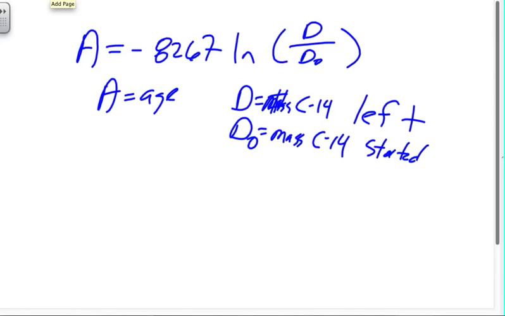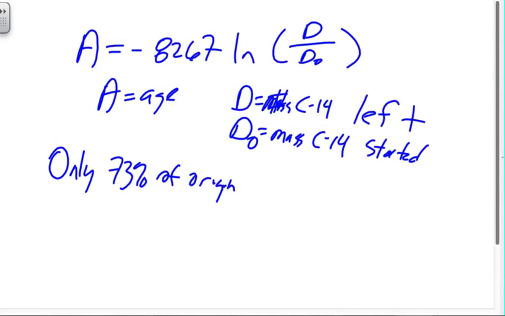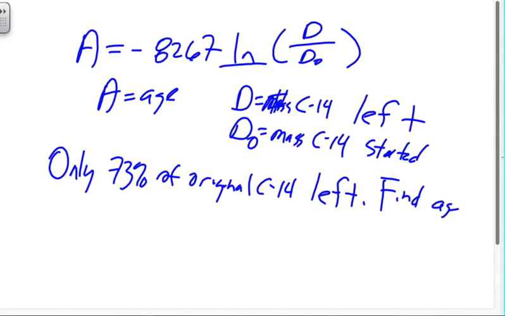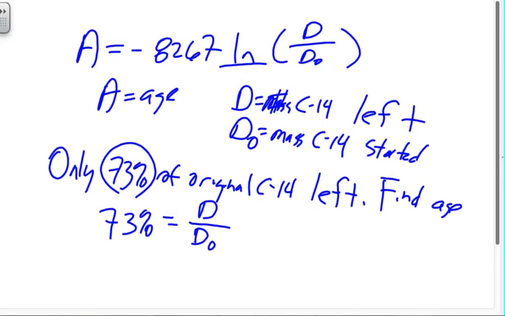So here's what we know. We only have 73% of our original carbon-14 left. You notice this is ln, which is your natural log. Find the age. Okay, well, this 73% is your d over d0 times 100.